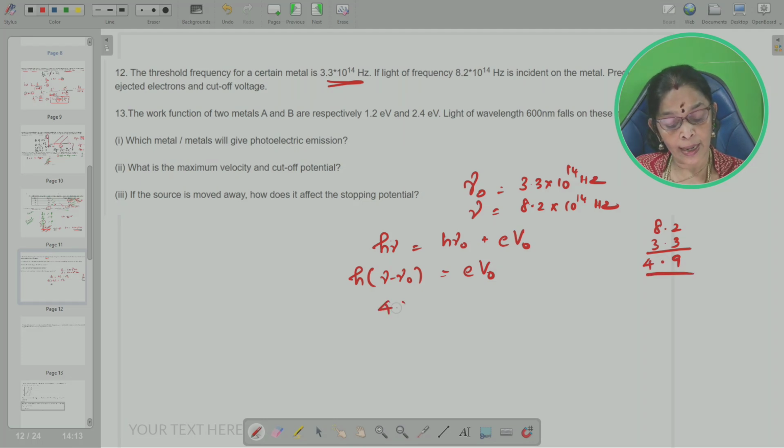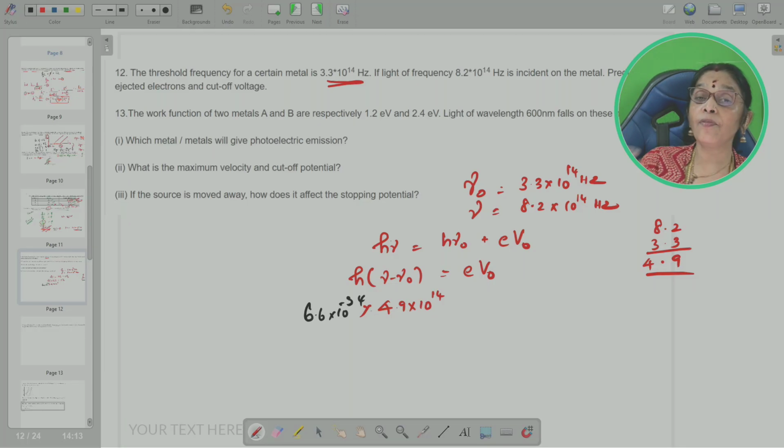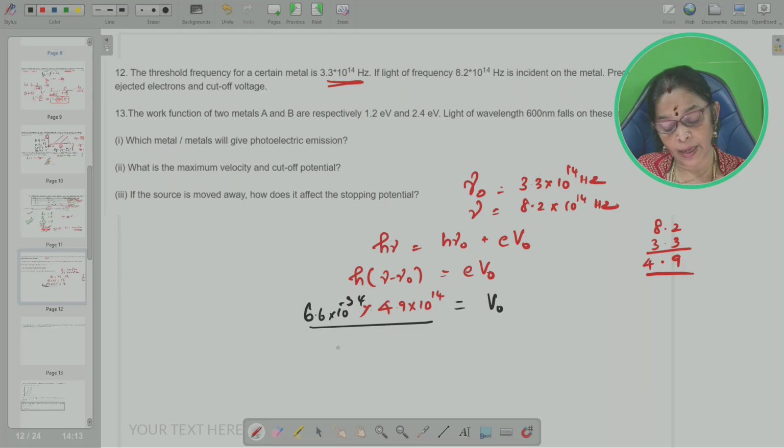so 4.9 into 10 power 14 into h. What is h? Planck's constant, 6.6 into 10 power minus 34. It is advisable for you to know the value of Planck's constant, so that you will not go wrong. Divided by e, which is 1.6 into 10 power minus 19.